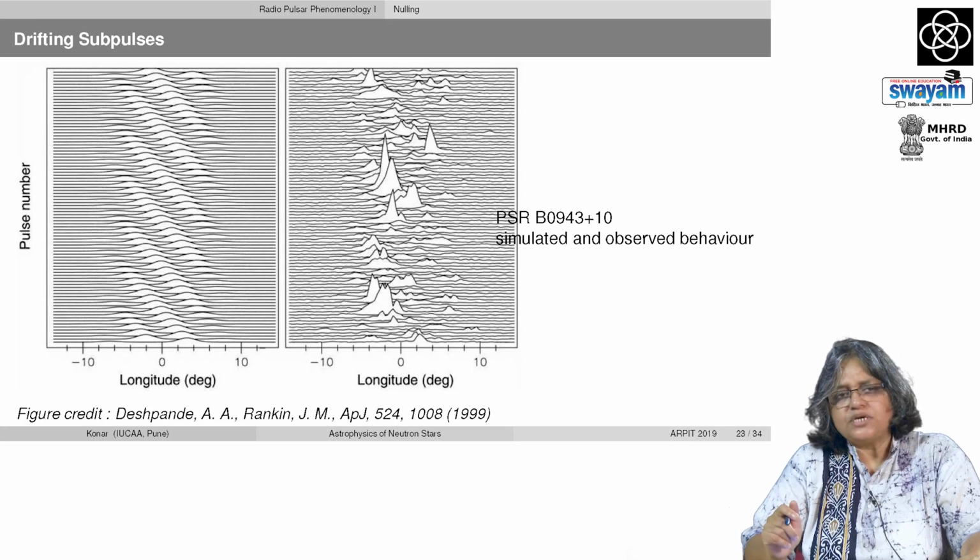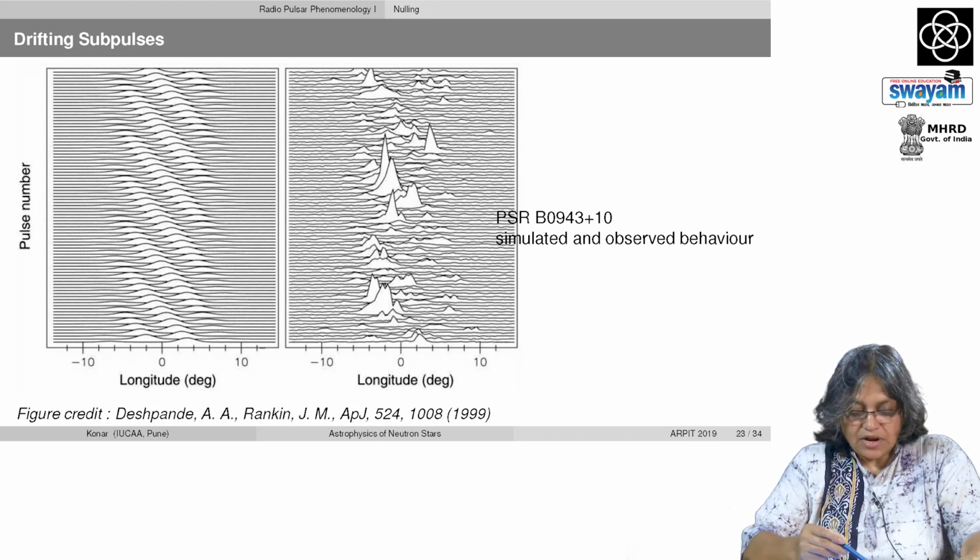They are also associated with this nulling behavior with other peculiarities of radio pulsars. One is drifting of subpulses. In this diagram, simulated and observed behavior of this pulsar B0943+10 is being shown.